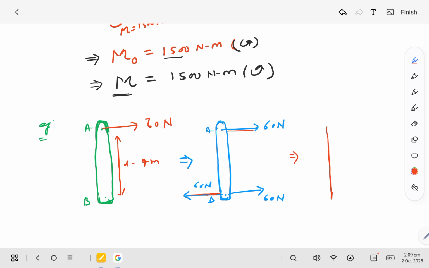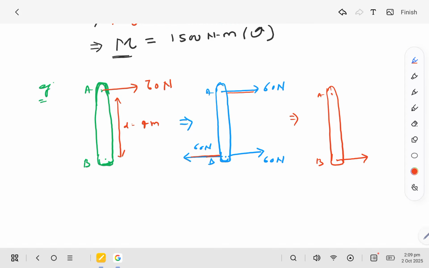So the problem will be this one, and the couple is this one. The couple consists of a 60 Newton force, a distance of 4 meter, and another 60 Newton force.